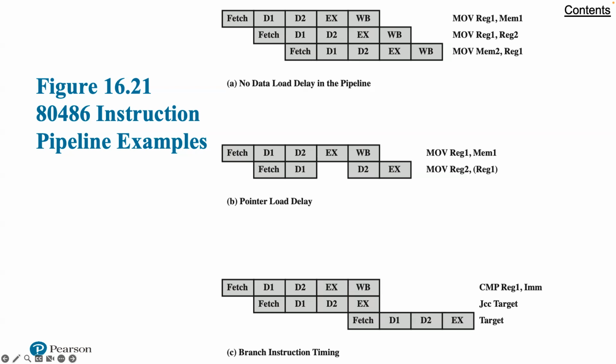In parallel, the processor runs a speculative fetch cycle to the target of the jump during the EX stage of the jump instruction. If the processor determines a false branch condition, it discards the prefetch and continues execution with the next sequential instruction, which has already been fetched and decoded.